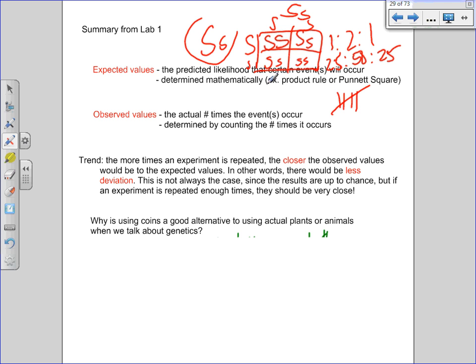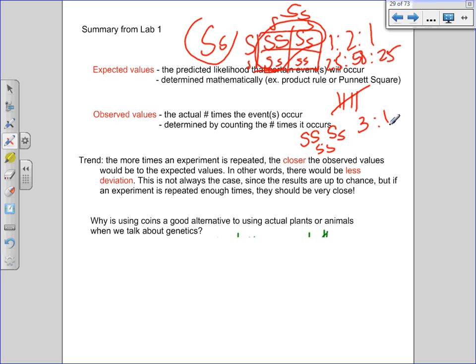So if you looked at phenotype, then to be normal skinned, you could be big S, big S, or big S, little s, or little s, big S. Okay, so of these, it would be 3 chances of being normal, to 1 chance of being little s, little s.